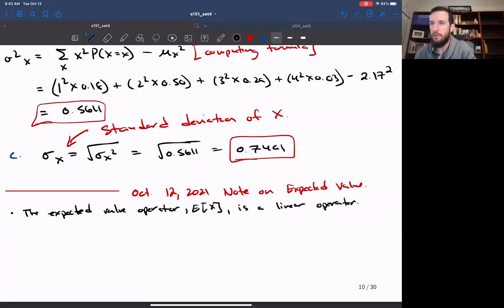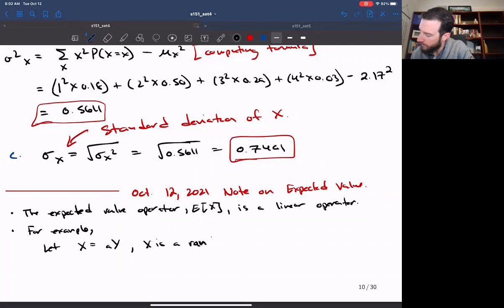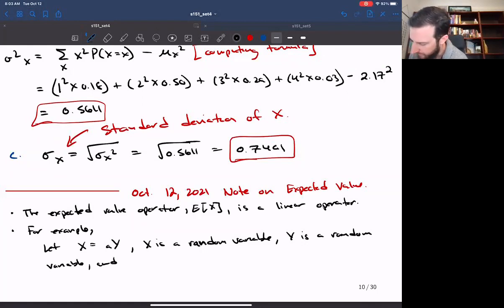Okay, so basically all this means is, for example, let X equal A times Y. Okay, so X is a random variable, Y is a random variable, and A is a constant.